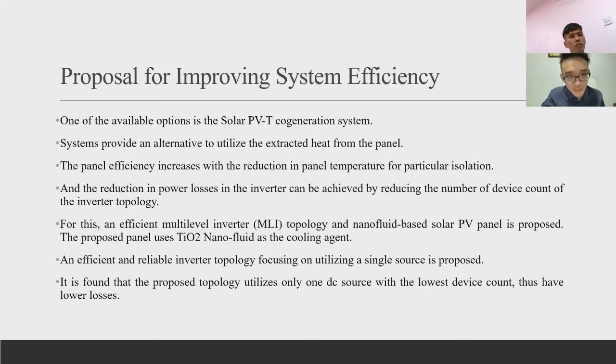An efficient and reliable inverter topology focusing on utilizing a single source is proposed. It is found that the proposed topology utilizes only one DC source with the lowest device count, thus it has a lower cost and lower source losses.